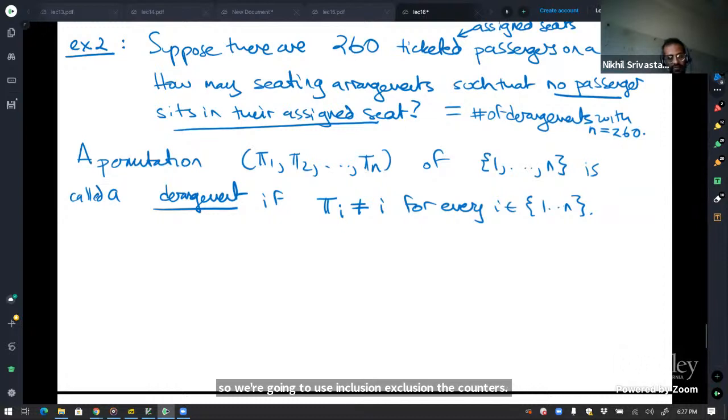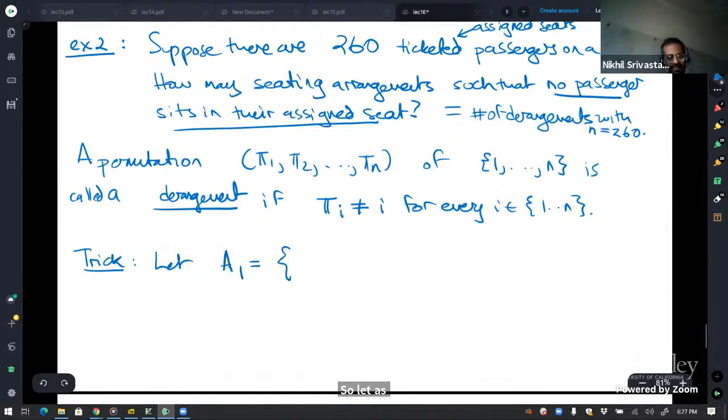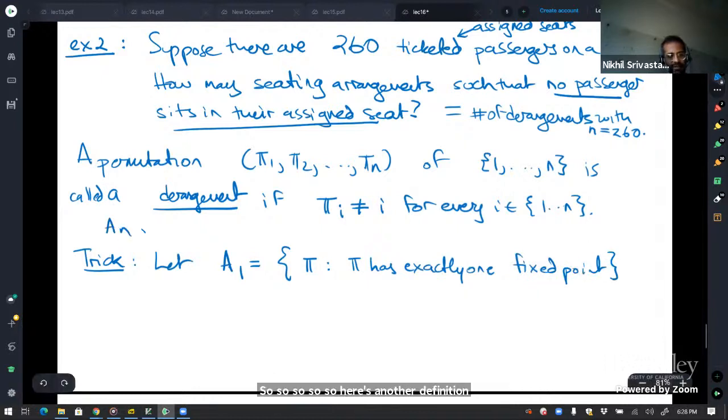First, I'm going to do a little trick. So let A sub 1 be the set of permutations such that pi has exactly one fixed point. So here's another definition. An index i such that pi i equals i is called a fixed point.